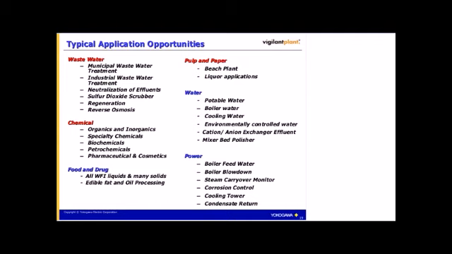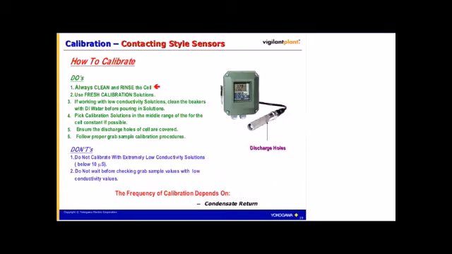Now, we skirted around the issue, but what kind of maintenance is actually required for conductivity loops? Basically, it's a one-point calibration. We need to initially calibrate that sensor, the entire loop, and depending on the application, the frequency of recalibration is usually determined by the plant.